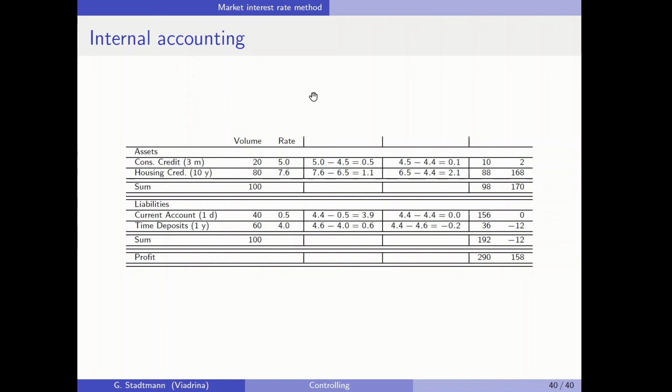Once more, like in the first column, you can see the contribution for the profitability of the bank due to the fact that the bank is operating with real customers, private households and companies. And in the second column, you can see the contribution to the profitability of the bank due to the fact that the bank is taking advantage of the upward sloping term structure of the interest rate.